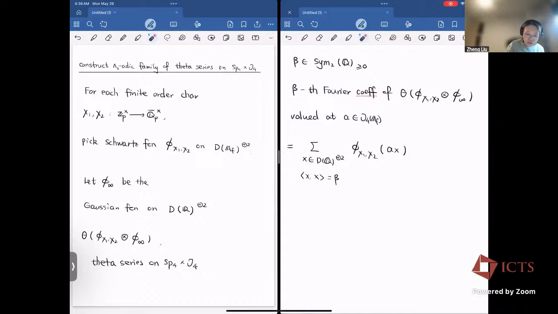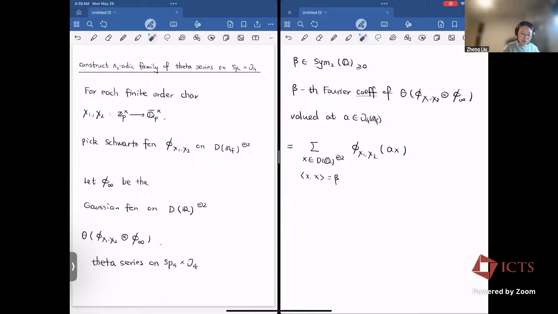I consider the beta-th coefficient of this theta series. This theta series is an automorphic form on Sp4 cross O4. So I evaluate it at a point on O4, then this will be an automorphic form on Sp4, and then I take the beta-th coefficient.